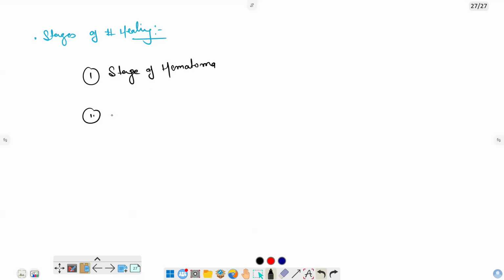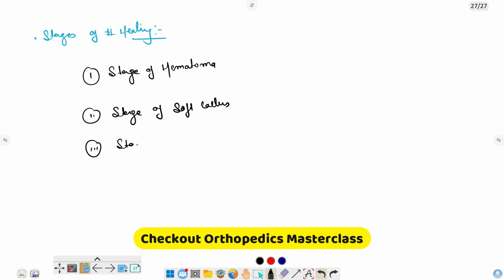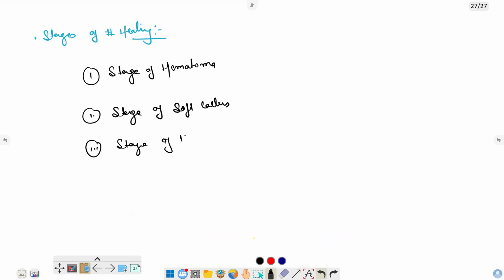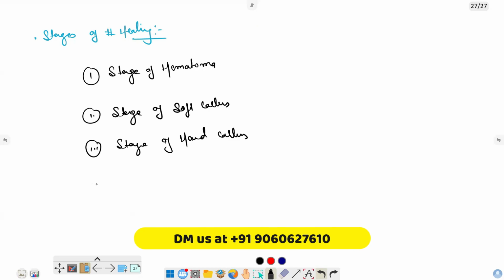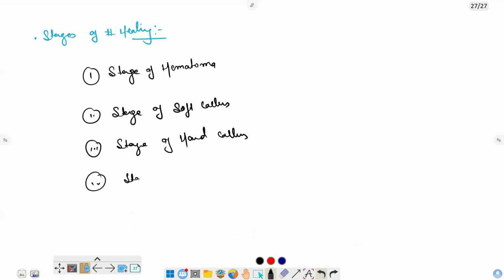The second stage is called the stage of soft callus, also called fibrocartilaginous callus. The third stage is the stage of hard callus. And the fourth and last phase is called the stage of remodeling.